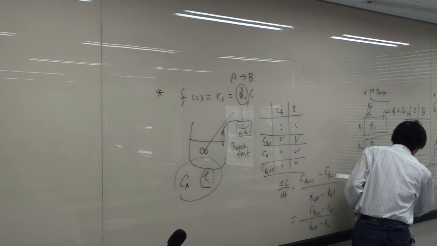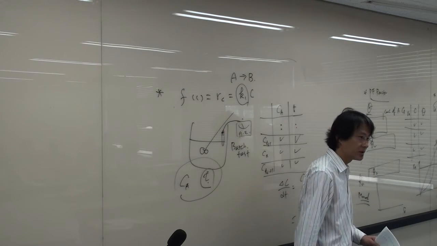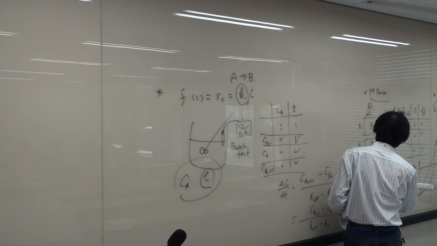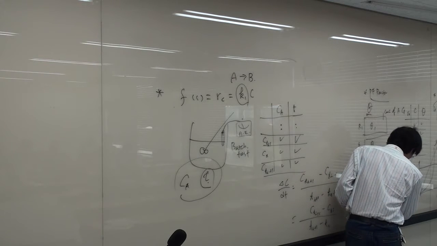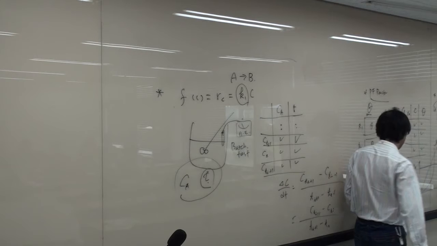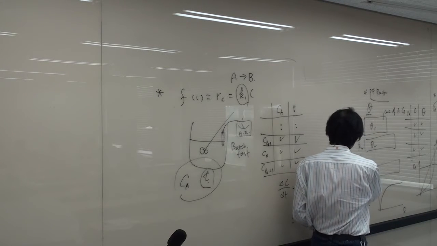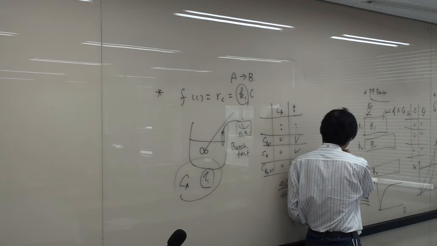So the concentration of microorganisms, and this is the microorganism growth rate. Think about this. In this beaker, you just have microorganisms.